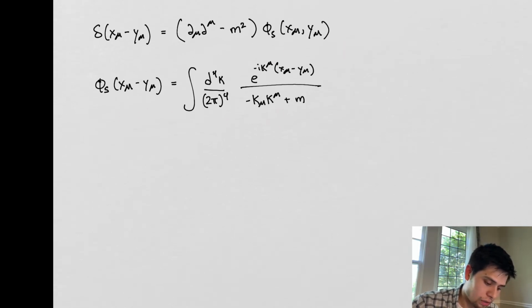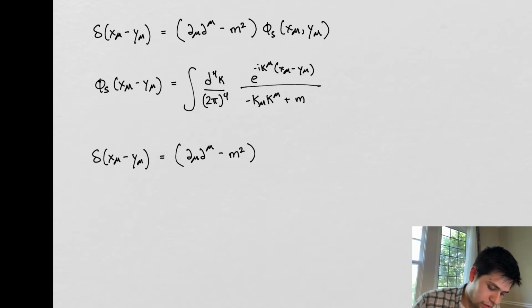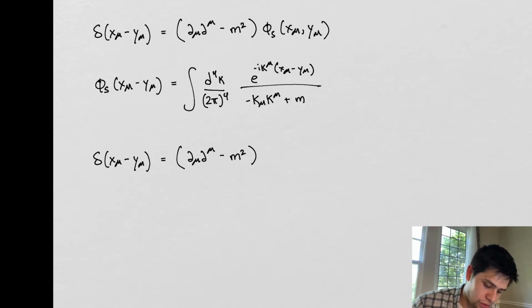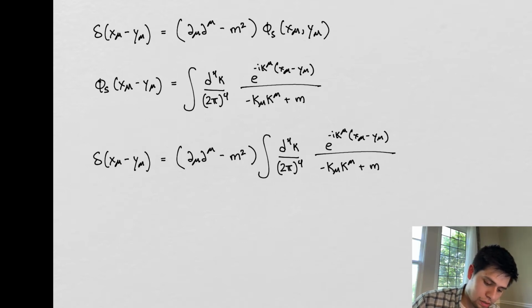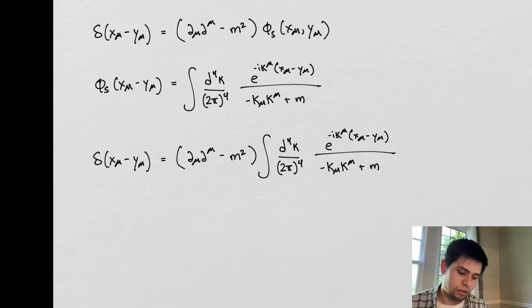To do that, I'll select and copy and paste. So here is our delta function. And then I'm going to copy this guy, and paste, and we have that right there, okay?